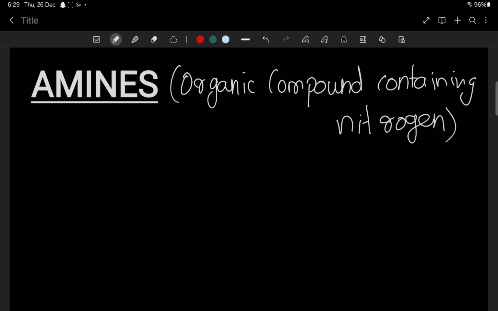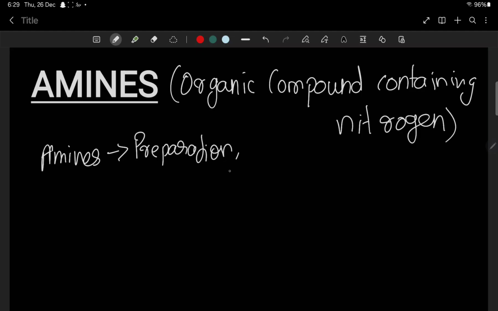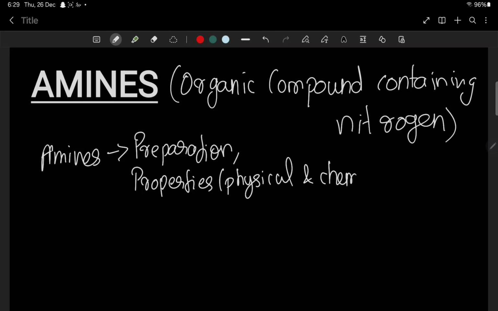So for amines, we have to learn preparation, and properties. Physical properties of amines are important, because the solubility is comparably different: in aqueous medium it's different, in gaseous phase it's different. So physical and chemical both are important.